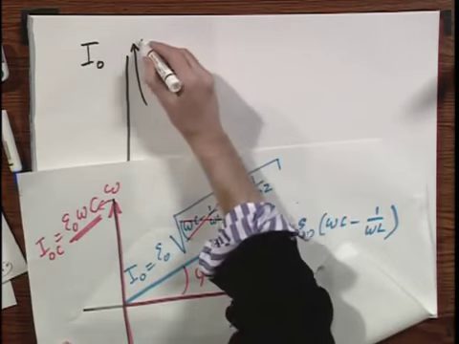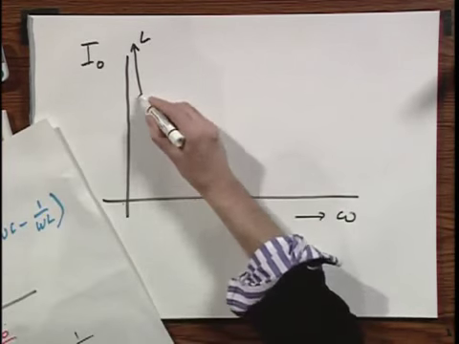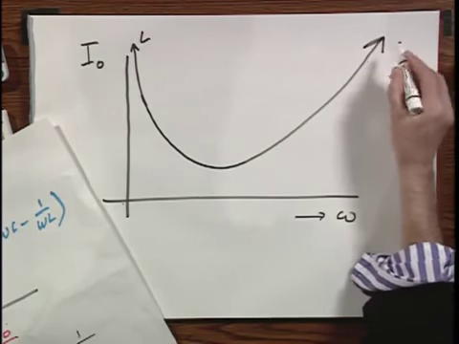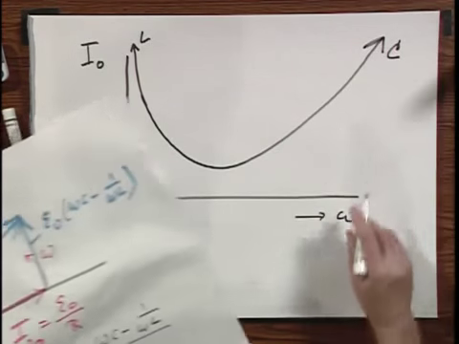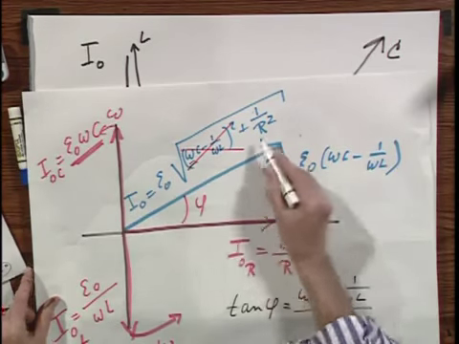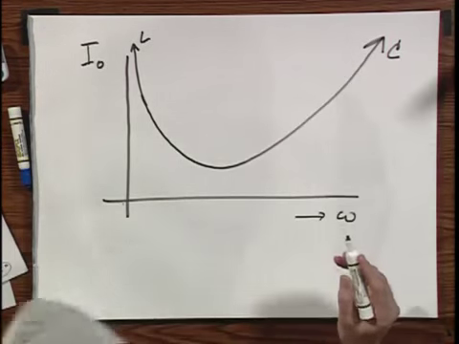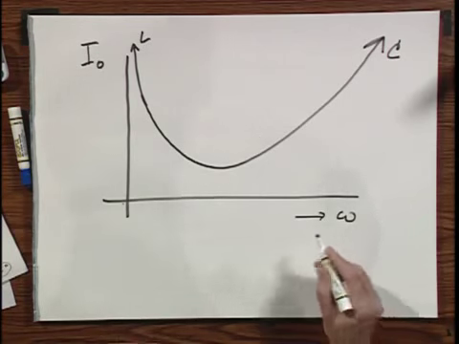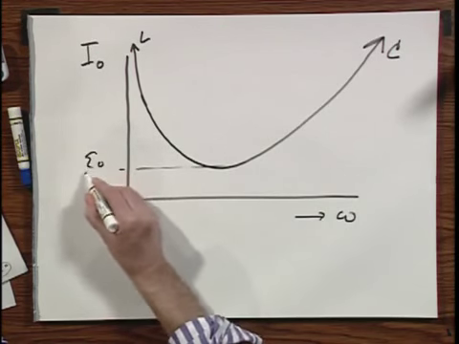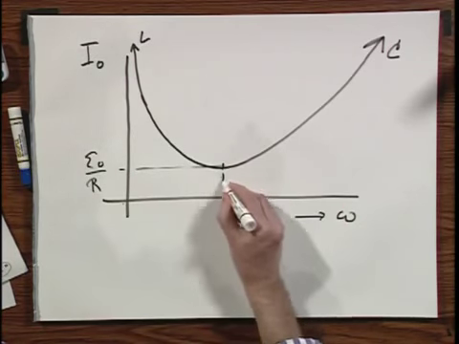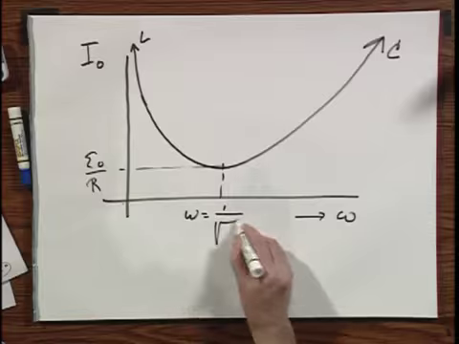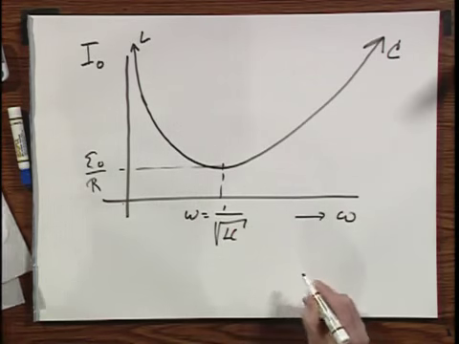So it is the L that is doing it. And then it goes through a minimum, and then again it goes to infinity, and that is the C that is doing it, because when omega goes to infinity, this value goes to infinity, and so the current goes to infinity. And then there is here this minimum. And this minimum is at E0 divided by R. And this minimum is when omega equals 1 over the square root of LC.